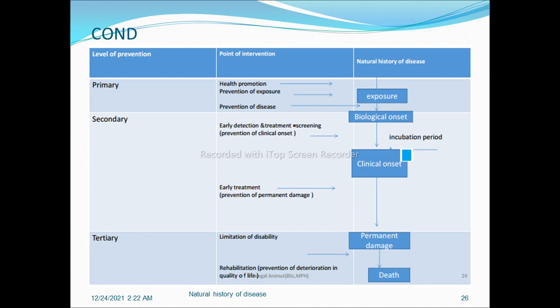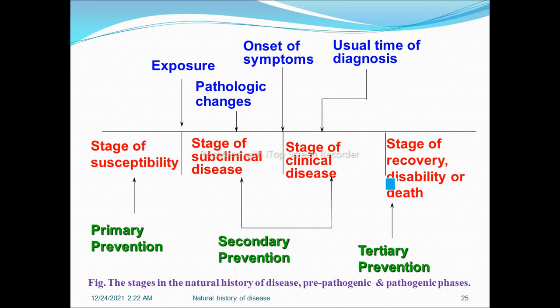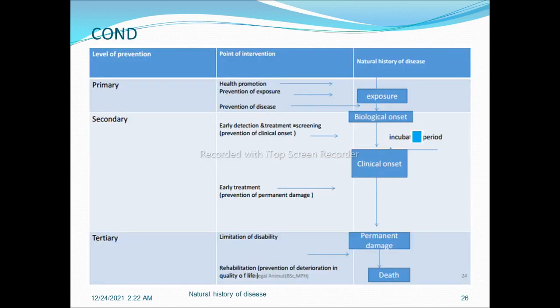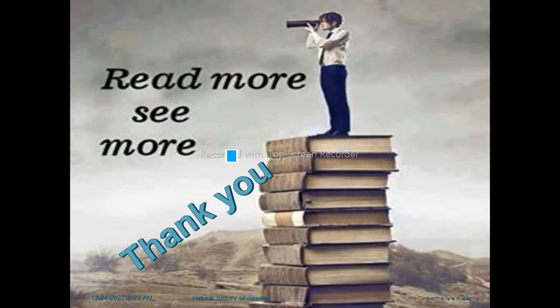Secondary interventions happen on the stage of clinical disease and subclinical disease. But in the case of susceptibility, the primary intervention will happen. So this is all about the second chapter of epidemiology.